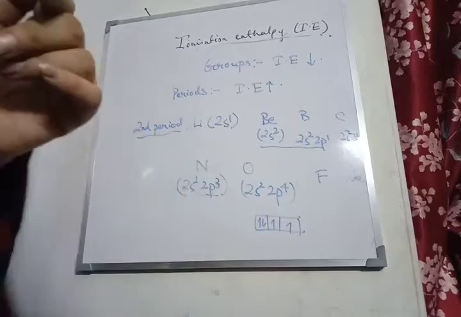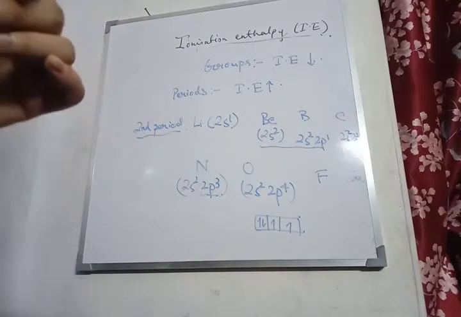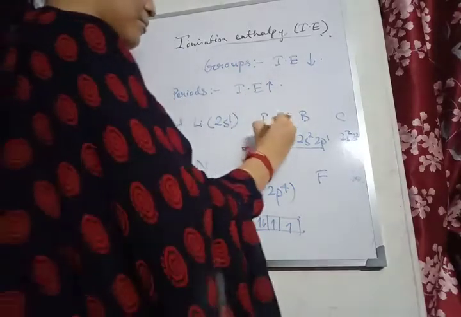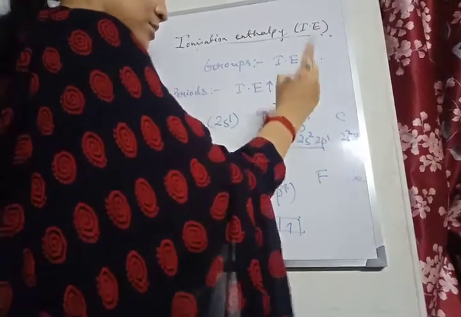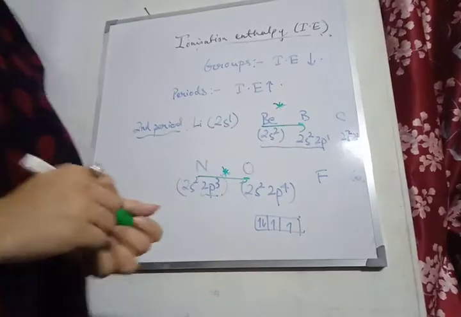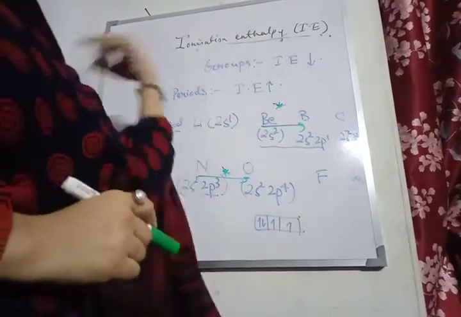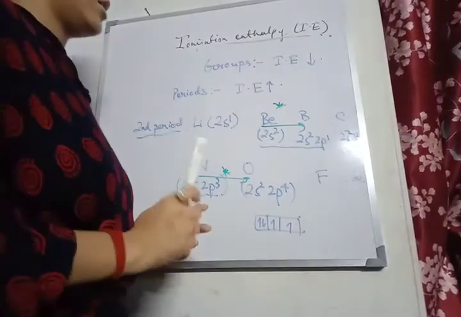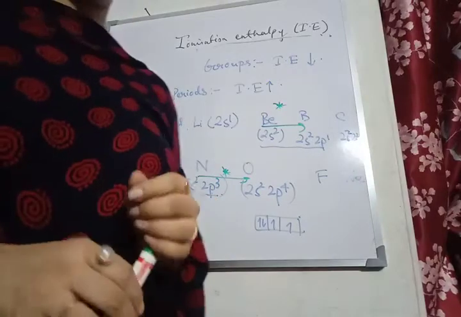So we observe deviation in two cases: from beryllium to boron, this is one deviation, and from nitrogen to oxygen, this is another. Otherwise, throughout it is okay. So till this, thank you, class.